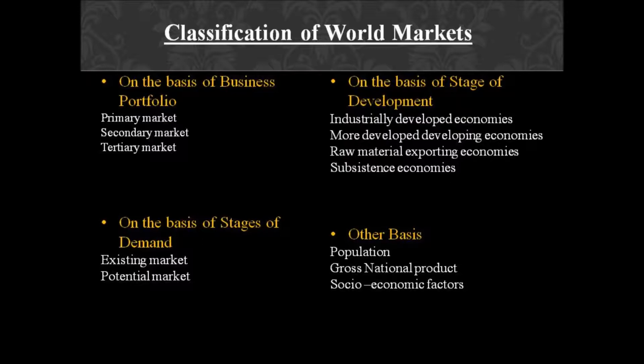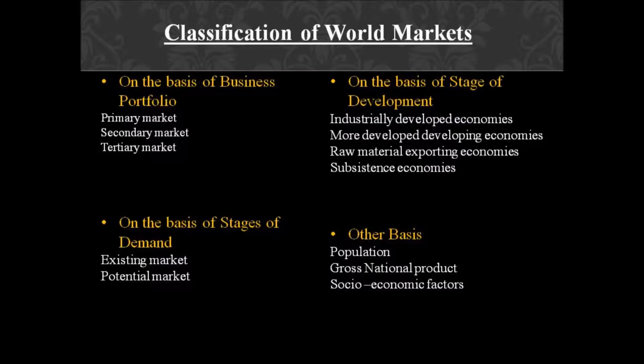Next we have the raw material exporting economies. In this type, countries export raw materials and purchase everything from basic needs, that is, food, clothing, and then consumer durables, transport equipment, etc. Some of the countries that come under this category are the Gulf area and some other countries from Africa and Latin America.